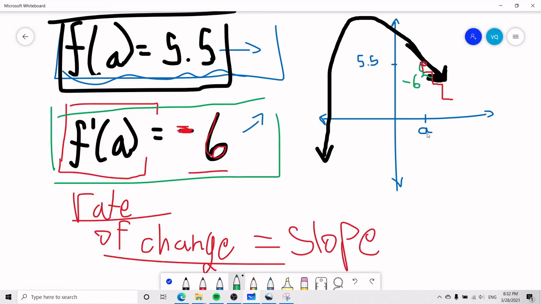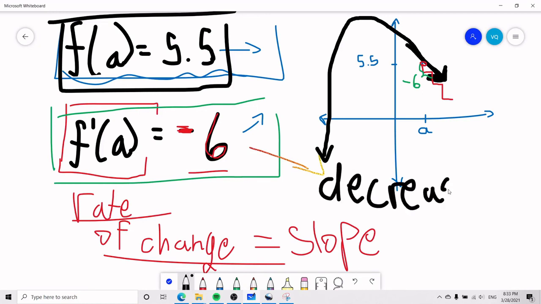And so that is how you interpret this information, and we conclude that the function at a is going to be decreasing. We are not sure how it looks, but we know that it is going downward. And so that is how you answer part G.